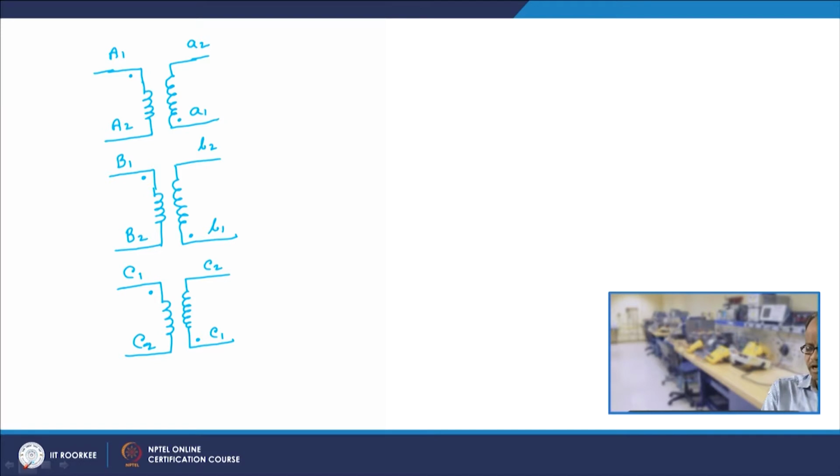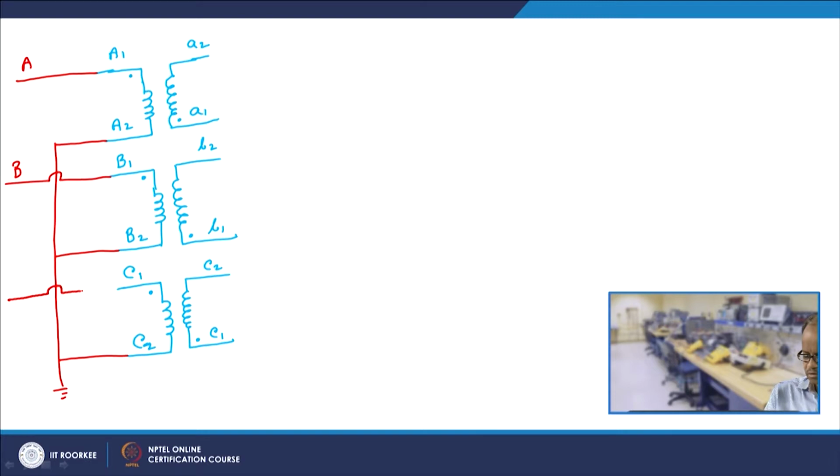On the primary side, we simply make these connections together, and this we say is phase A, this is phase B, and this is phase C.